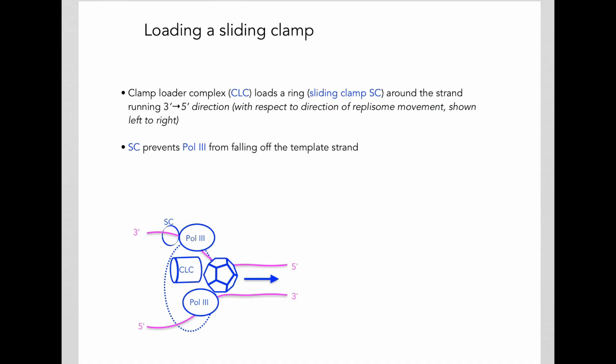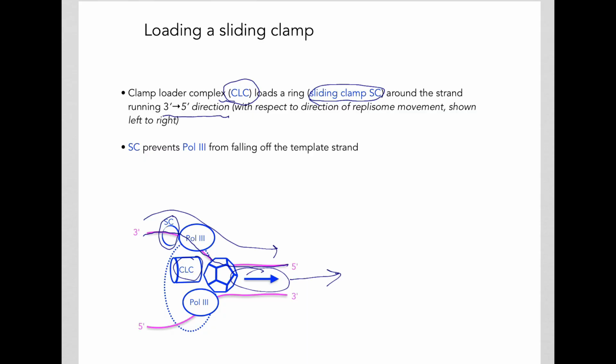So what happens now is a clamp loader complex, CLC, shown here. This will load a ring, or sliding clamp, that we'll abbreviate as SC, around this strand that is running from 3' to 5' direction. You can see it's running in this direction, 3' to 5', with respect to how the replisome is moving. The replisome, you can see, is moving from left to right.